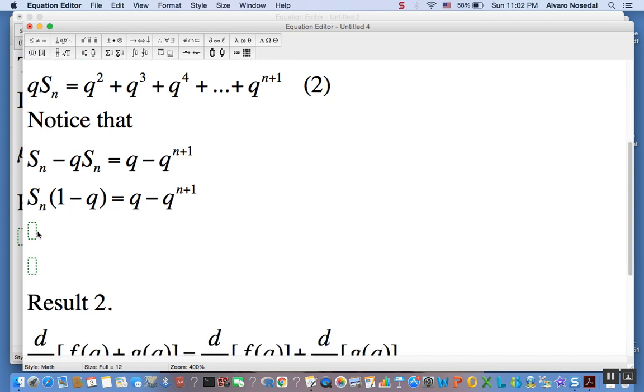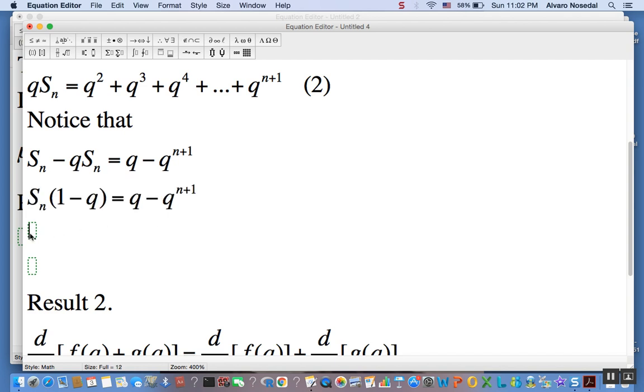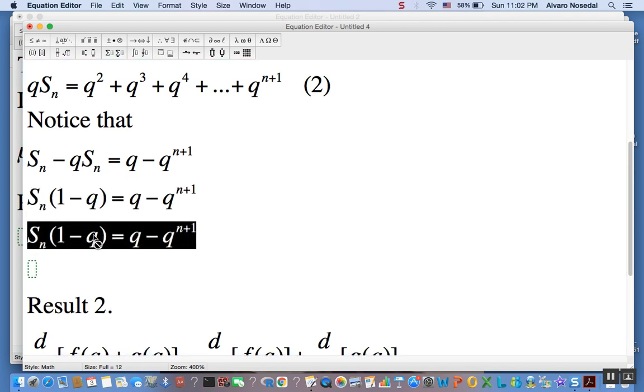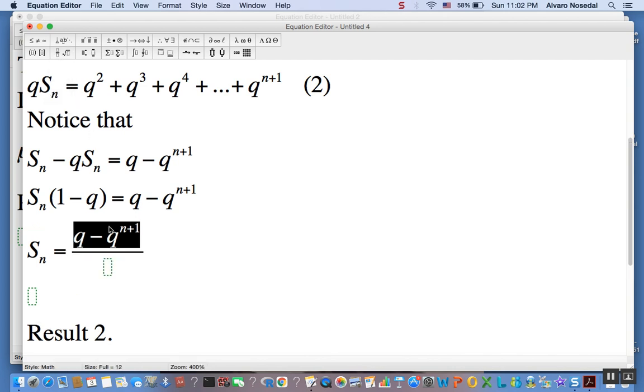Okay? Now if we divide both sides by 1 minus q, what we have is Sn equals q minus q to the n plus 1 power divided by 1 minus q.